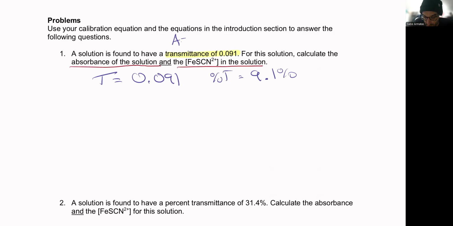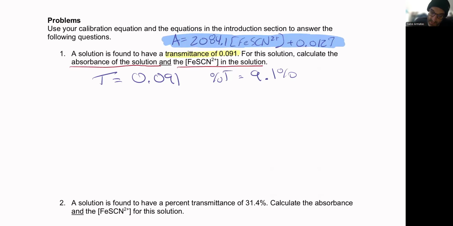So your absorbance is equal to, mine was 2084.1 times the concentration of FeSCN2+ plus 0.0127. Again, this right here is from my experiment. You're going to write down your own.